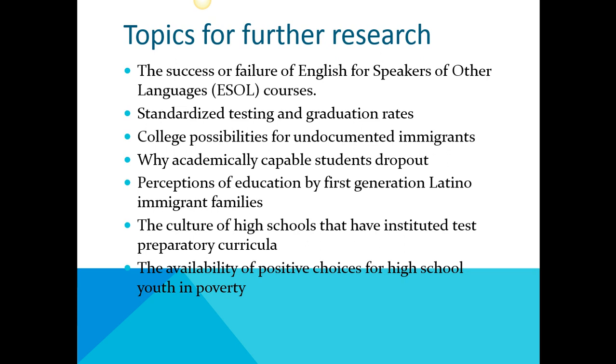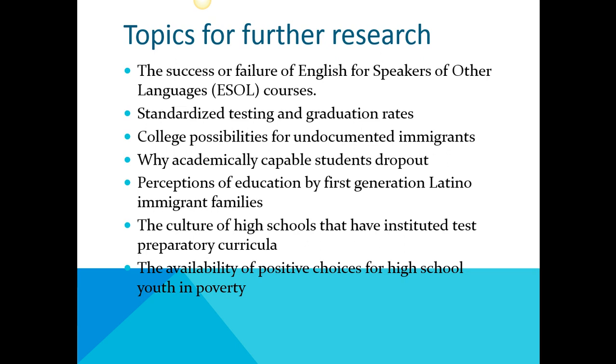Another topic would be standardized testing and graduation rates, college possibilities for undocumented immigrants, why academically capable students drop out, perceptions of education by first-generation Latino immigrant families, the culture of high schools that have instituted test preparatory curricula, and the availability of positive choices for high school youth in poverty.